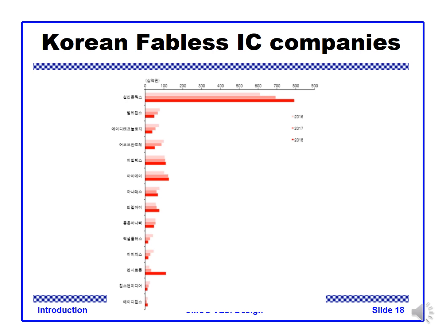If you want to know about the Korean IC companies, there's a whole list here. The number one player in Korea is Silicon Works. This company makes chips for LG Display. They're mainly display driver ICs. Telechips makes automotive communication ICs. AD Technology, Above Semiconductor, all these small companies work tightly with big companies like Samsung, LG, and SK Hynix.